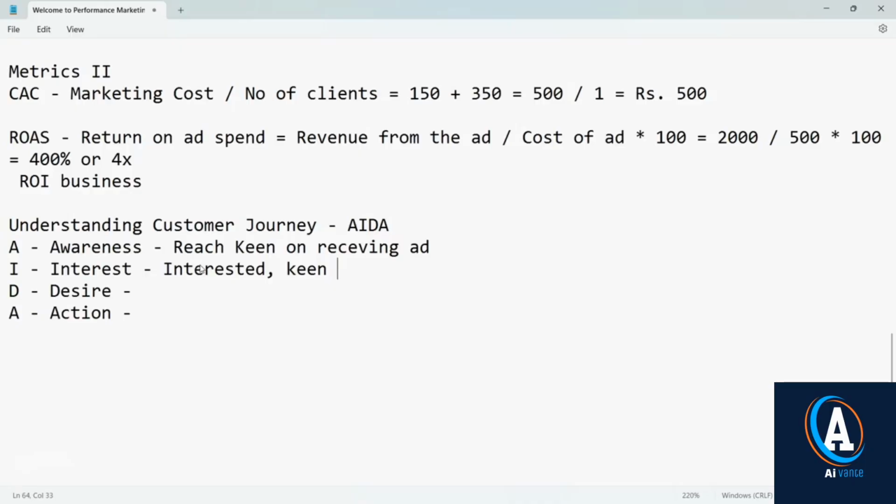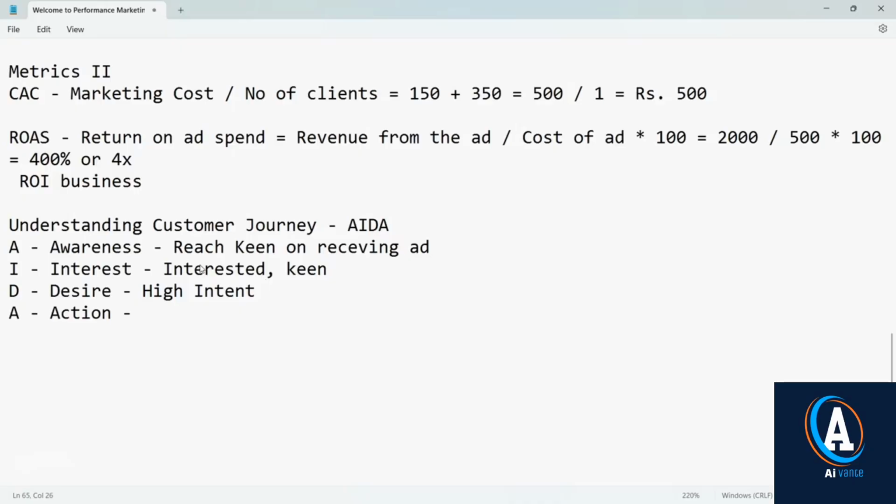Now, when I show that keenness in the product, I automatically convert into something which is known as desire. I have a high intent of buying this because it is something of a requirement to me. That is why there is a high intent. That is what desire is all about. Desire doesn't mean I want to buy a Samsung Fold or a very expensive Apple phone.